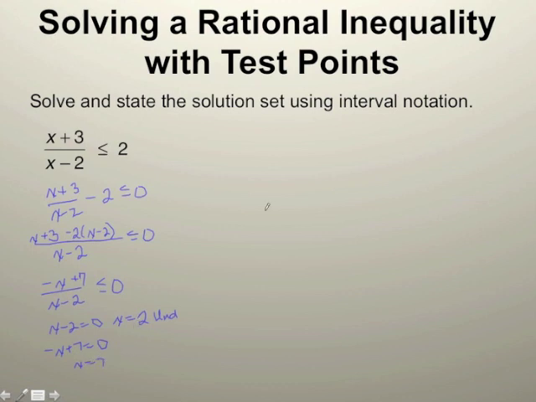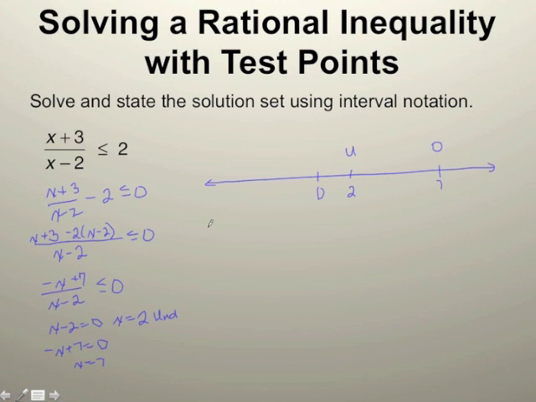Now we need a number line. So we'll get a number line. There's a 0. We need 7 and 2. At the 2, it's undefined, and the 7 is a 0. Now, between these, we need to check.